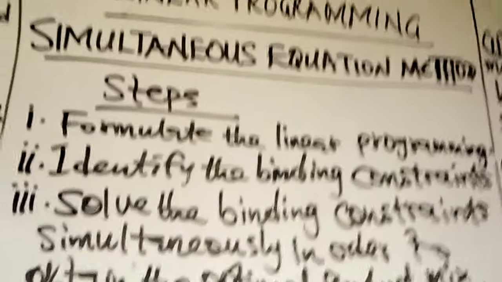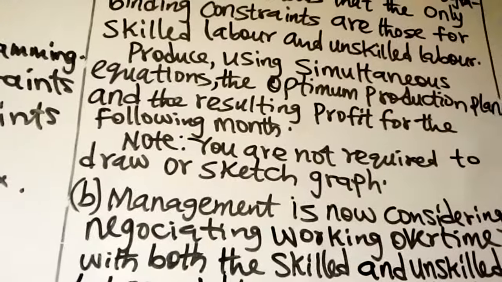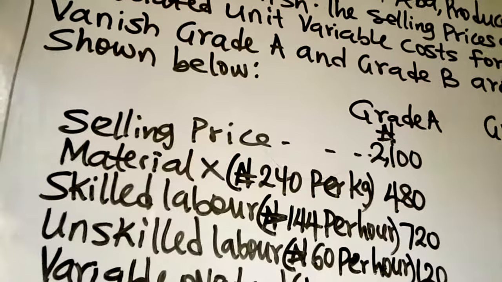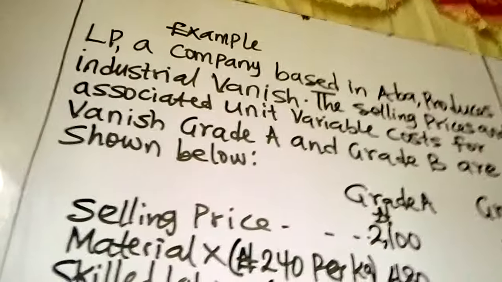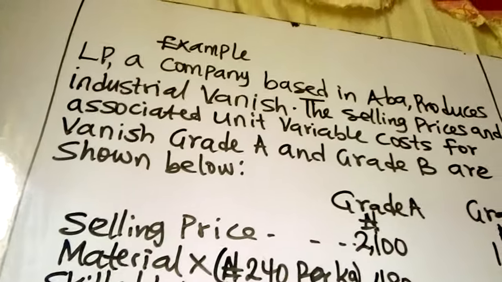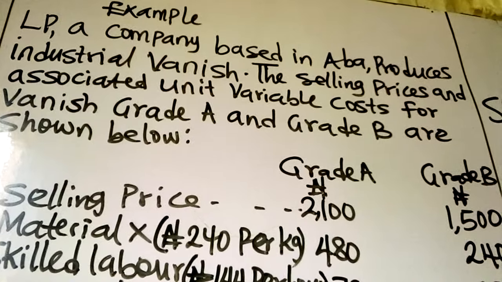So I want to take a worked example. We were told that LP, a company based in Aba, produces industrial varnish.